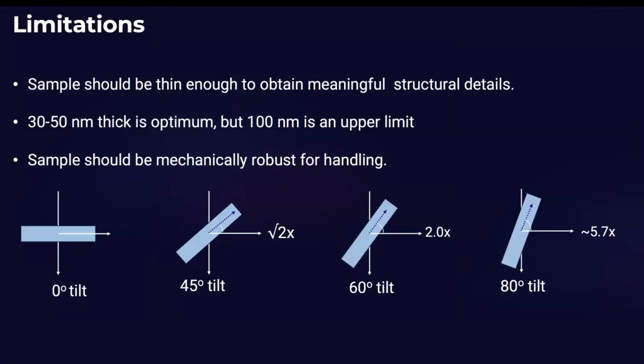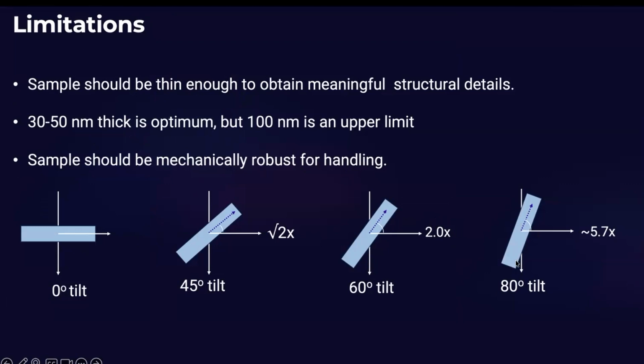However, electron tomography has limitations. The sample should be thin enough to obtain meaningful results. I showed the thickness, and it should be mechanically robust. But thickness is fundamentally important here because as we tilt the sample, thick samples will experience an increase in effective size, because now the beam has to go through a really thick sample.